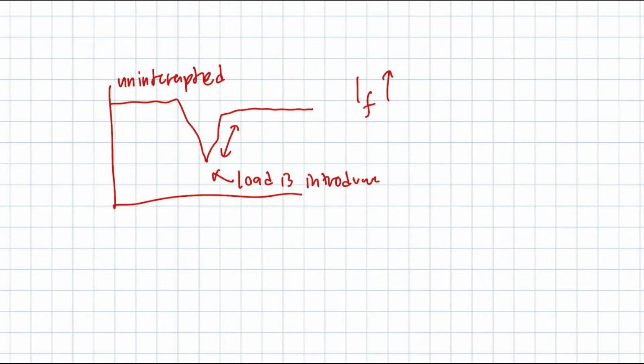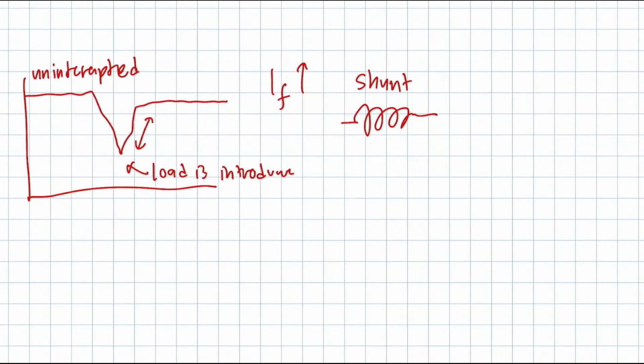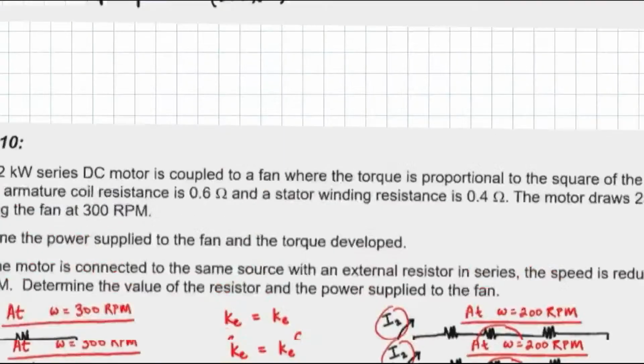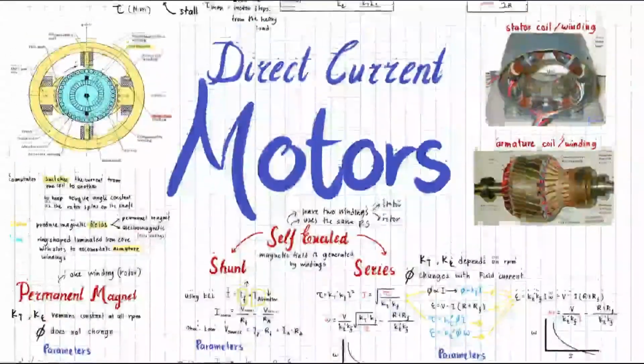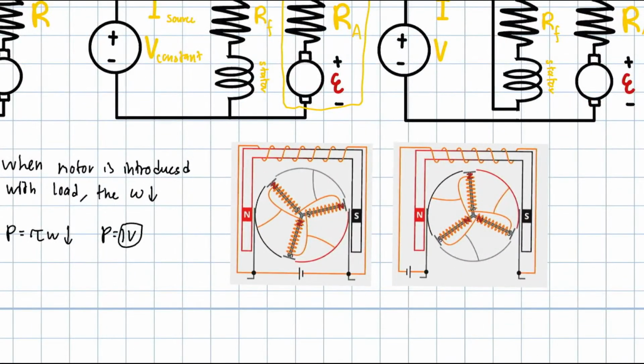The IF is the shunt. The shunt coiling. It will attract. It will make the motor move again. Like that. Okay, do you guys understand?